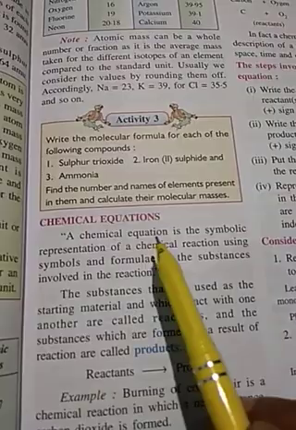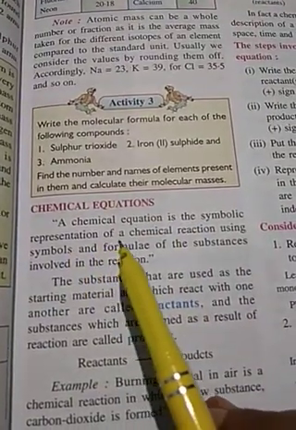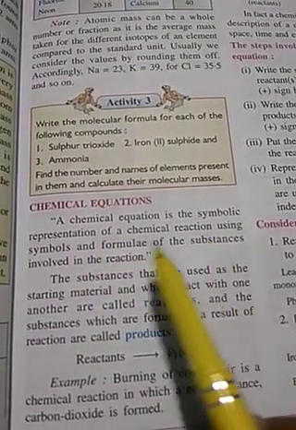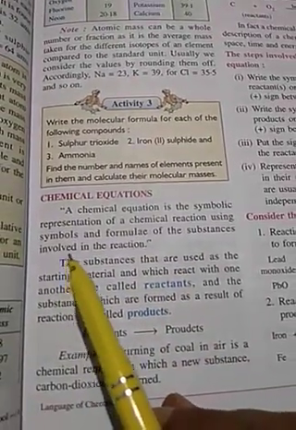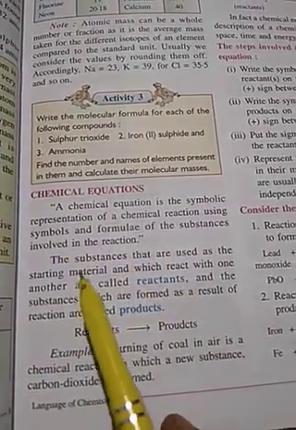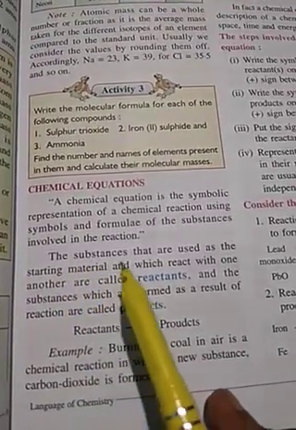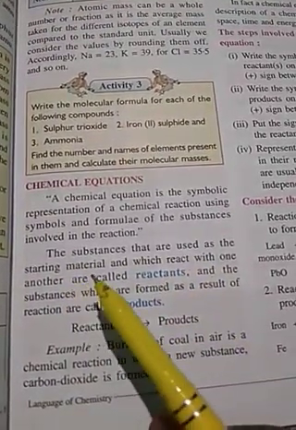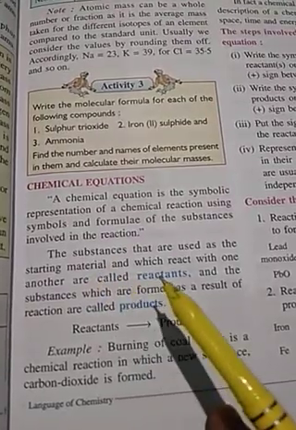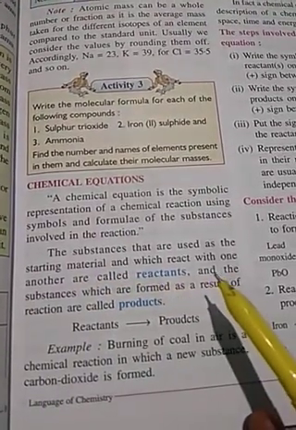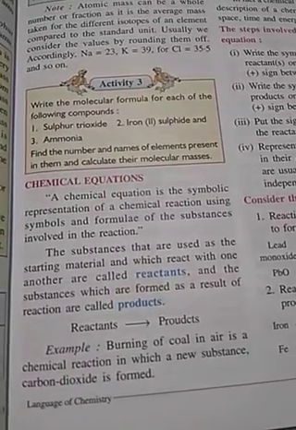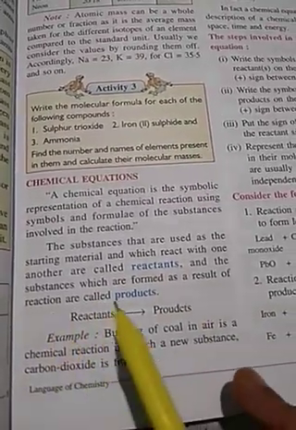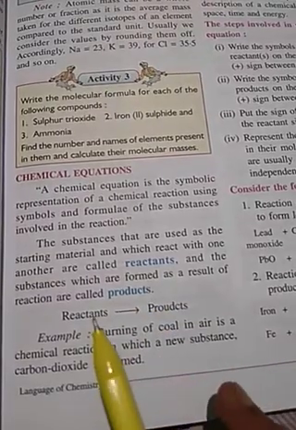So a chemical equation is the symbolic representation of a chemical reaction using symbols or formulae of the substances which are taking part in the chemical reaction. We know that the substances which are used for the chemical reaction are called reactants, and the substances which are formed as a result of the reaction are called products.